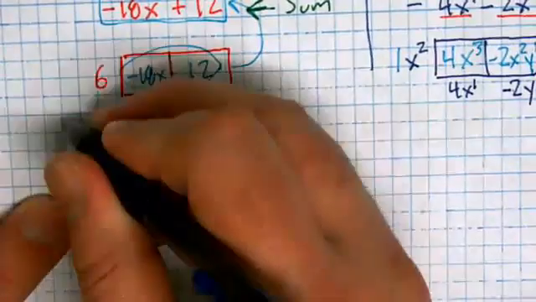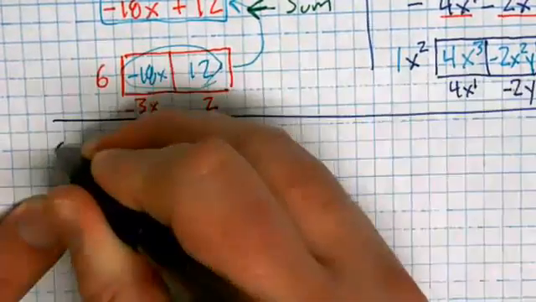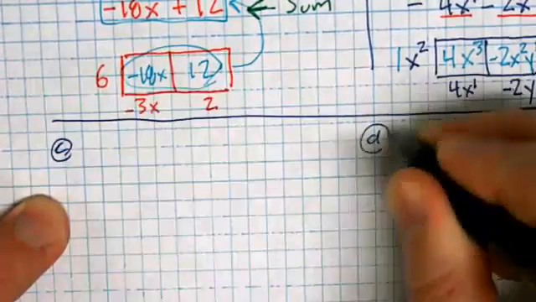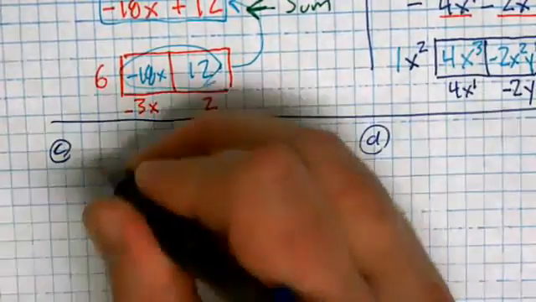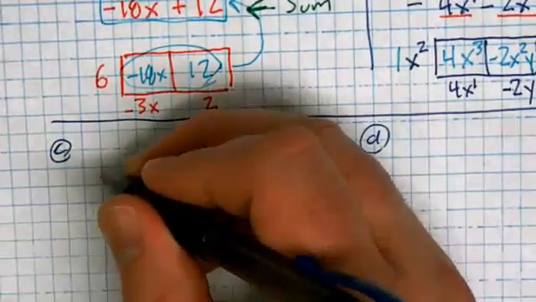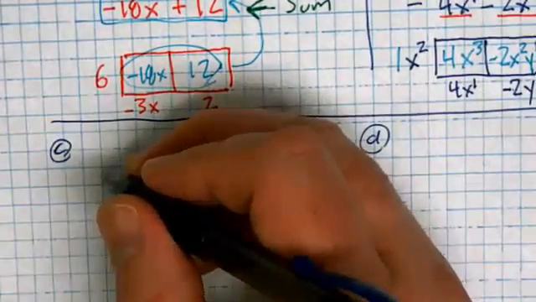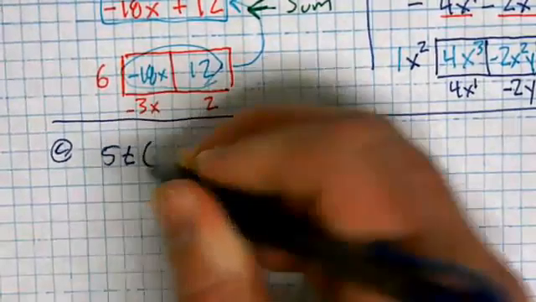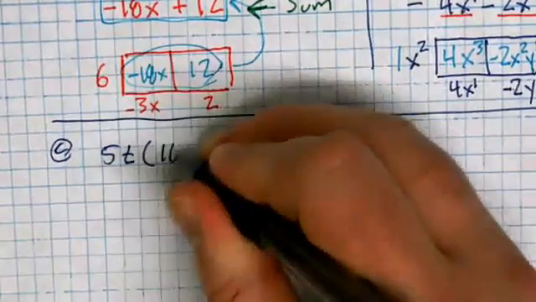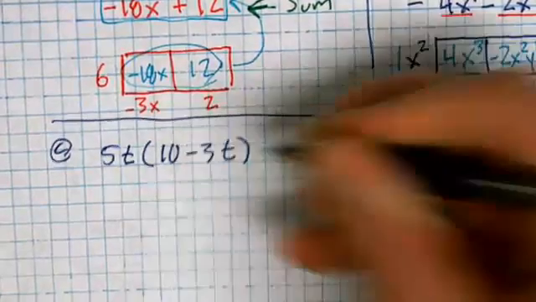All right. So I'm going to ask you guys to do part C and D on your own right now. And I'll go ahead and write them down. I know it's kind of a pain to have the book open on your desk, so I'll write them down up here. C has t's in it. I'm going to change. We'll deal with it. 5t parenthesis 10 minus 3t.